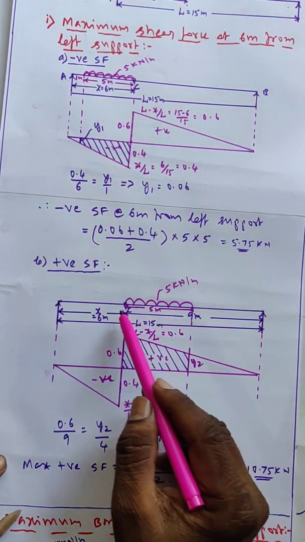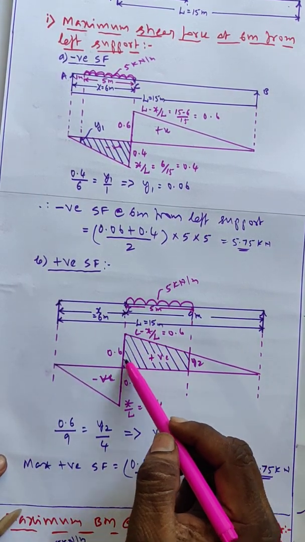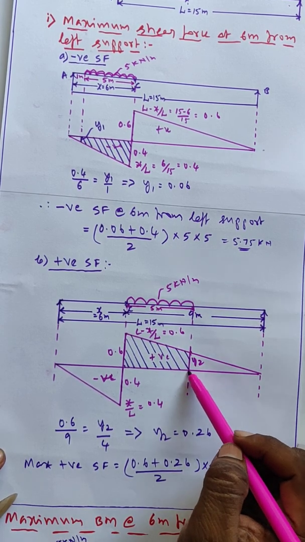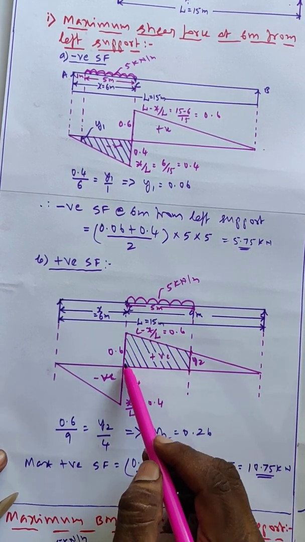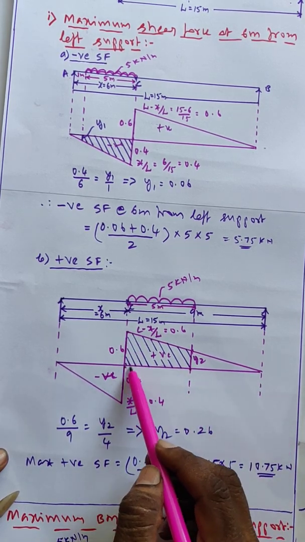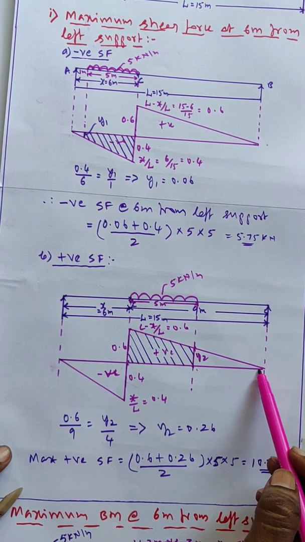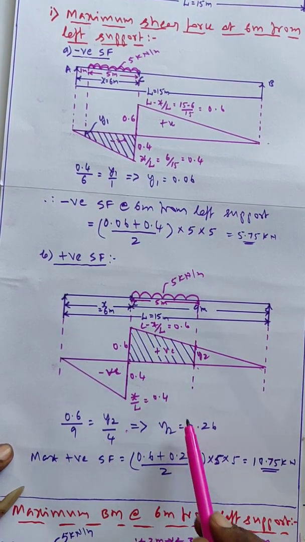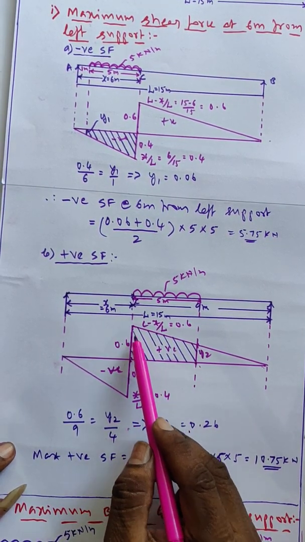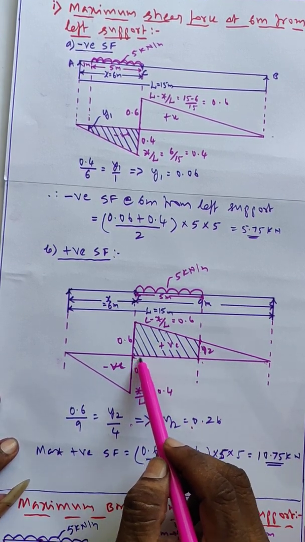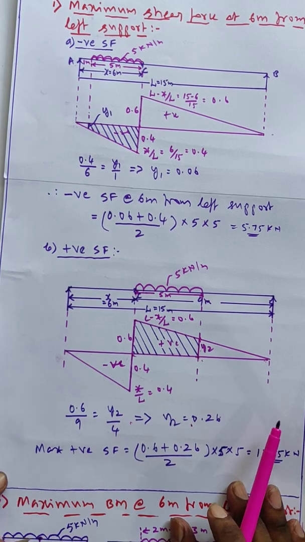Now, since this is UDL, we have to consider the full area of this. Therefore, we want to calculate this coordinate from the similar triangle property. 0.6 divided by this 9 equal to Y2 divided by this length 4 meter. From this we can calculate Y2. Then average area is 0.6 plus 0.26 by 2 is average height into length is 5 meter into intensity 5.